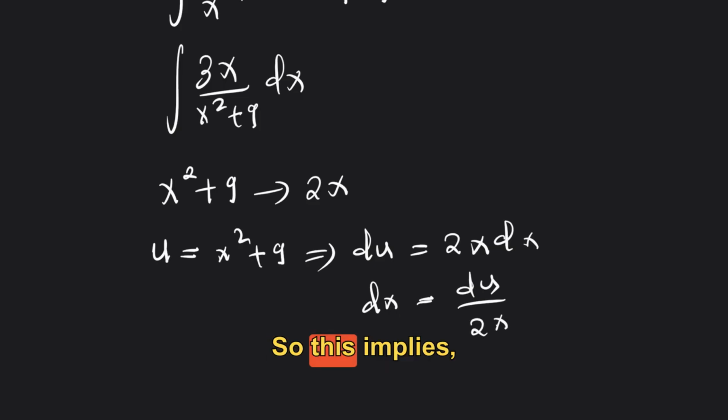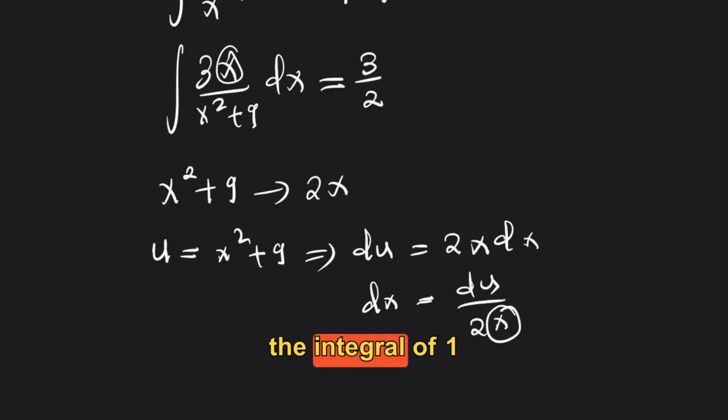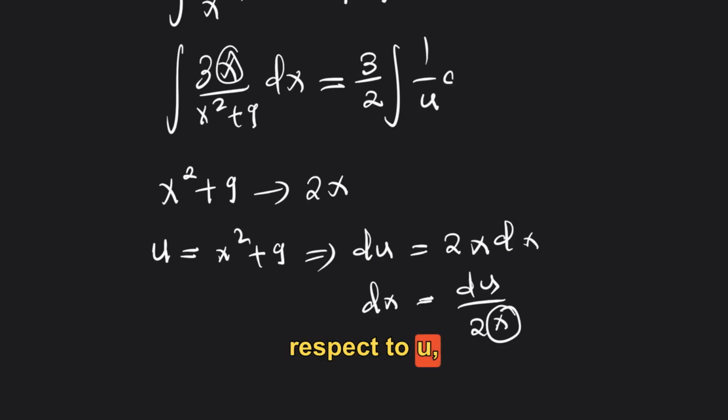The x in here cancels with the x in the numerator, and we remain with 3 over 2, then the integral of 1 over u with respect to u.